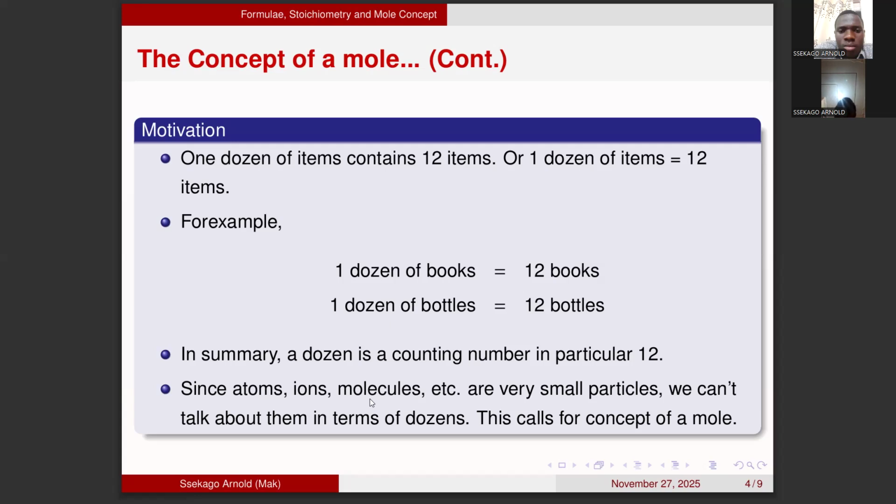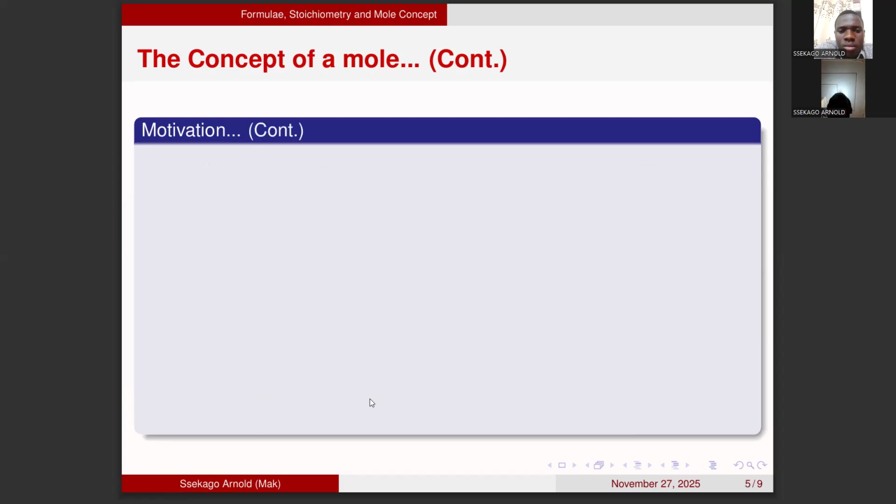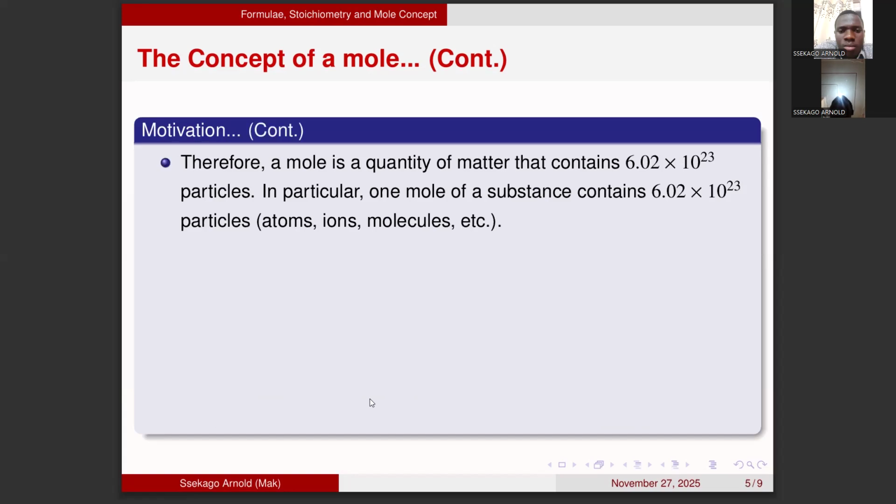No. For atoms, ions, and molecules, we use the concept of a mole. By definition, a mole is a quantity of matter that contains 6.02 times 10 power 23 particles. We call this the Avogadro's constant.